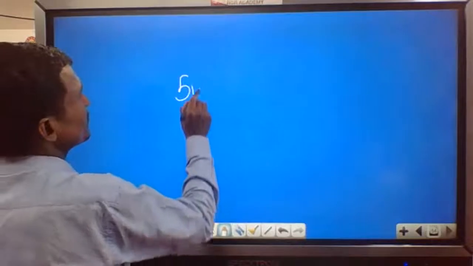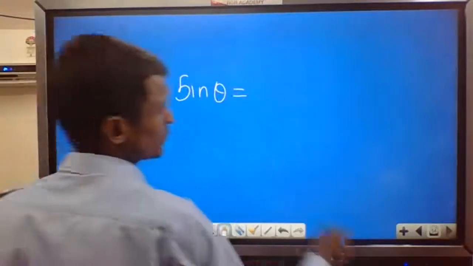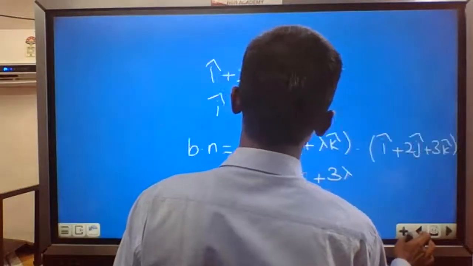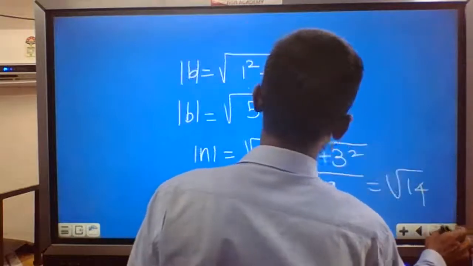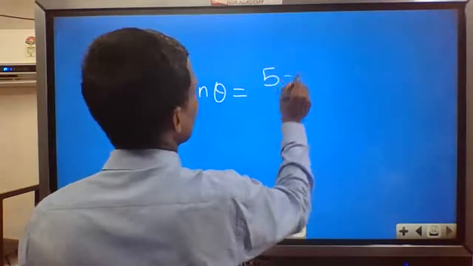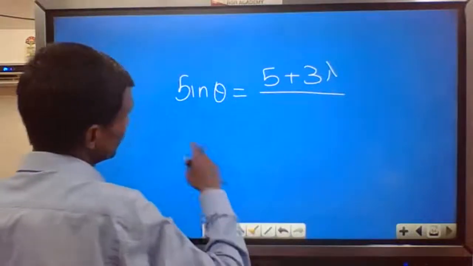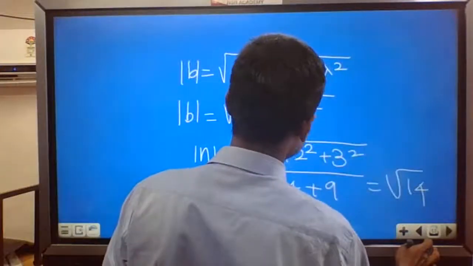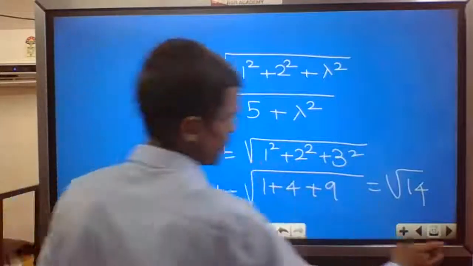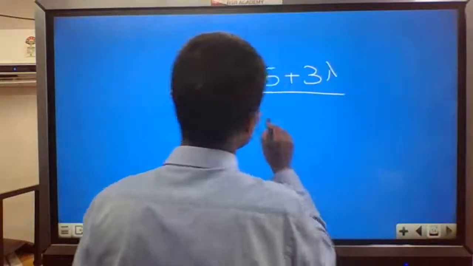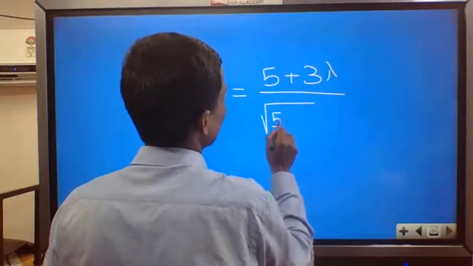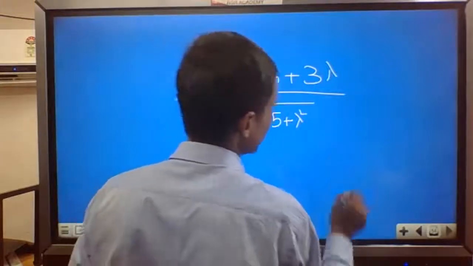Now we can write sin theta. What is the b dot n? 5 plus 3 lambda. What is the modulus b? The root of 5 plus lambda square.